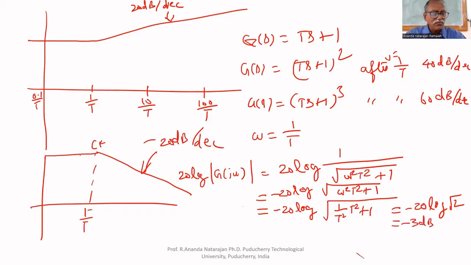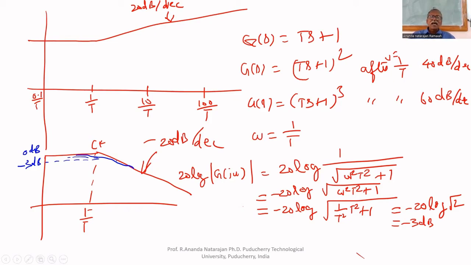Therefore, the actual frequency response plot, at this point, decreases like this. Here, this is equal to minus 3 dB, 0 dB. Actually, up to corner frequency, we have drawn 0 dB. But at corner frequency, there is an error of 3 dB.